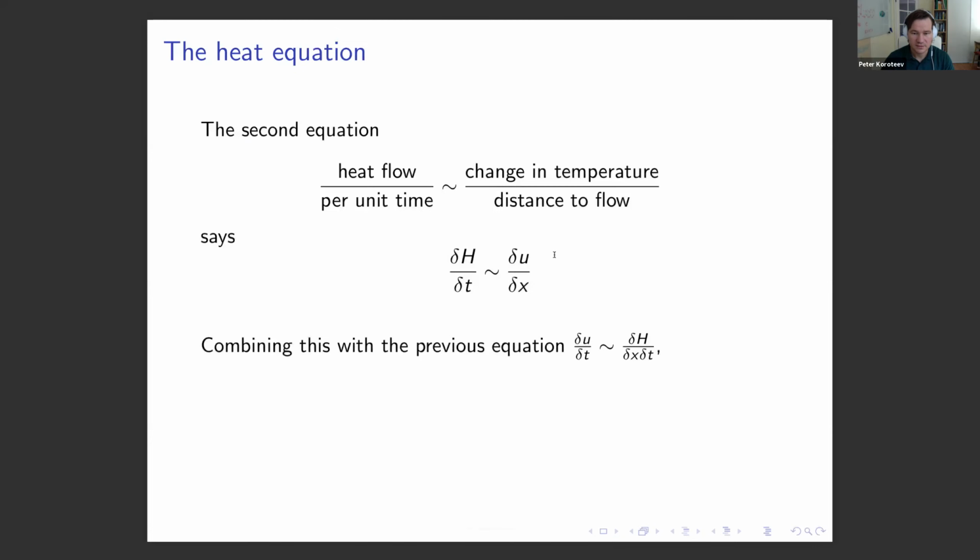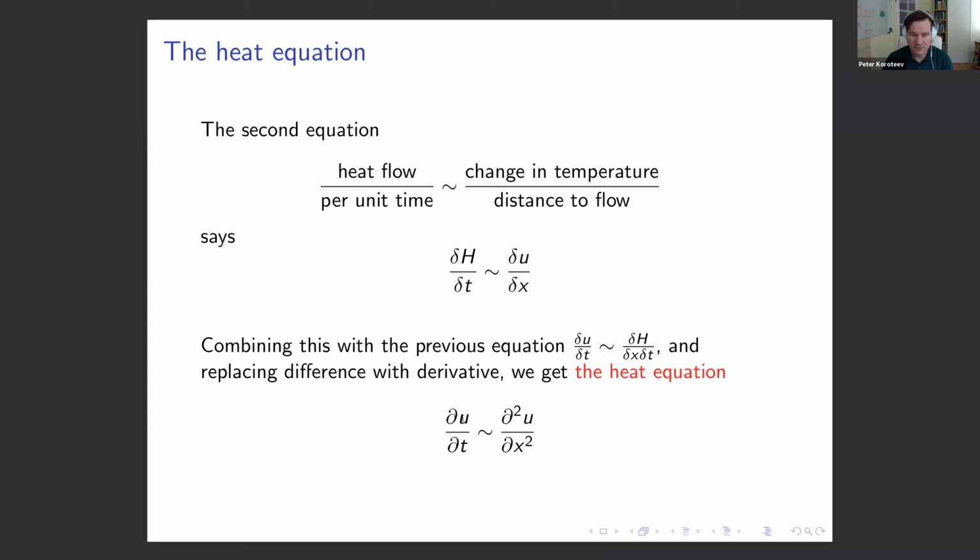If you combine the first equation with the second, and replace these small differences with derivatives, assuming that those derivatives exist, we'll get the famous heat equation, at least up to a proportionality coefficient: the partial derivative of the temperature u with respect to time is proportional to the second partial derivative of the temperature with respect to the distance.